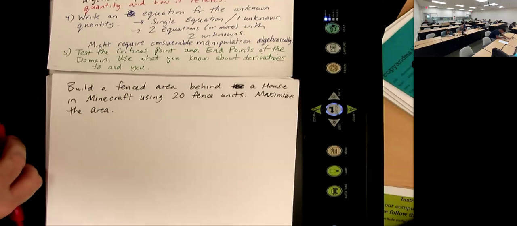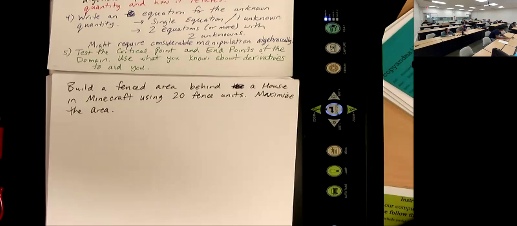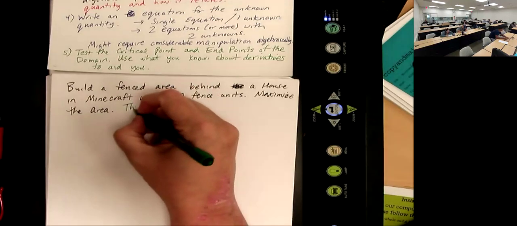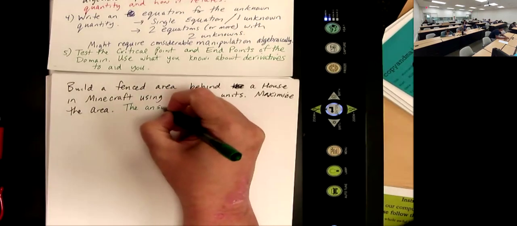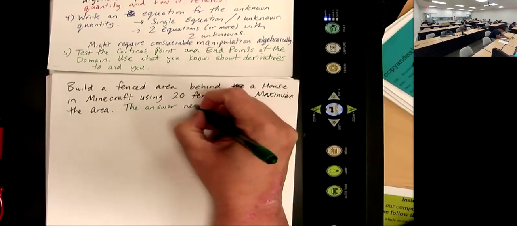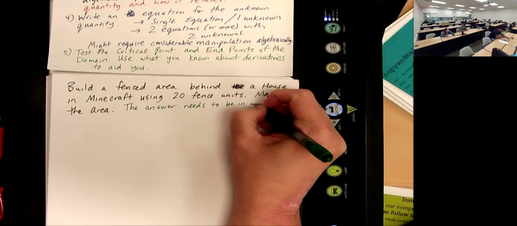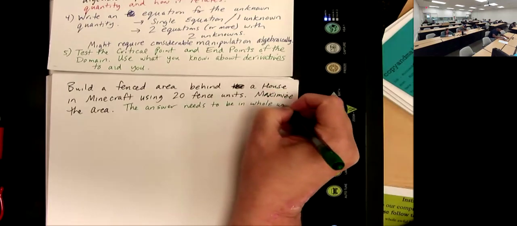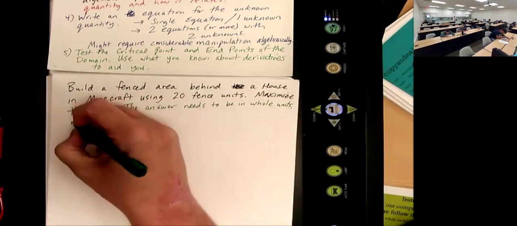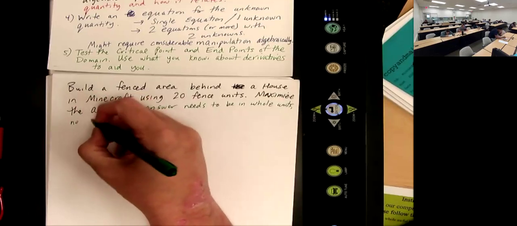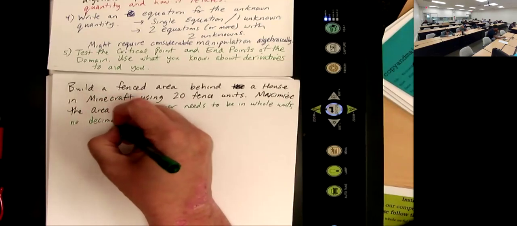If you don't play Minecraft, and I don't, I had to ask this: you can't have a partial fence as an answer. The answer needs to be in whole fence units, no decimal part of a fence.